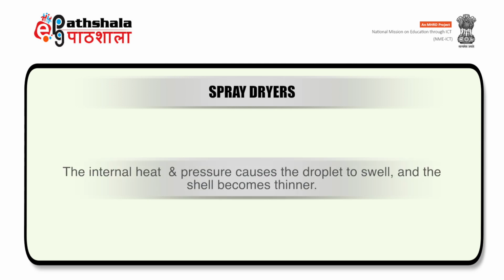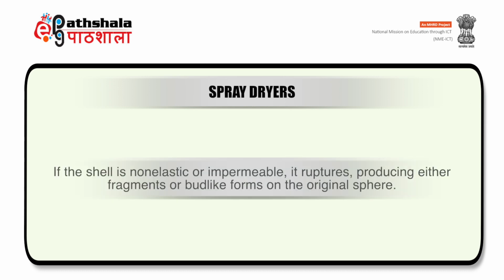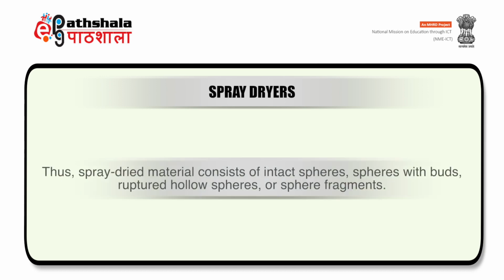The internal heat and pressure cause the droplet to swell and the shell becomes thinner. If the shell is non-elastic or impermeable, it ruptures, producing either fragments or bud-like forms on the original sphere. Thus, spray dried material consists of intact spheres, spheres with buds, ruptured hollow spheres or sphere fragments.